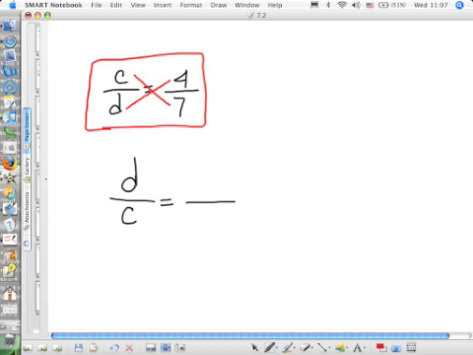So if 7 is across from C here, where does it go here? And 4 goes here. And this one we just flipped it. But we always want to make sure that we still get 7C and 4D. They have to be in the right positions across from each other.